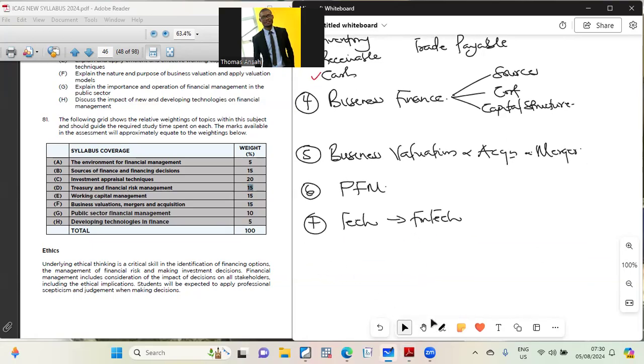So we will be looking at treasury management, where you will learn about foreign currency risk and interest rate risk management. So basically this is how our outlook is going to be.